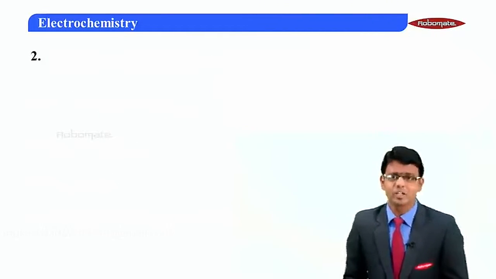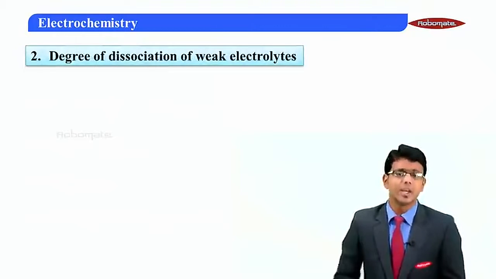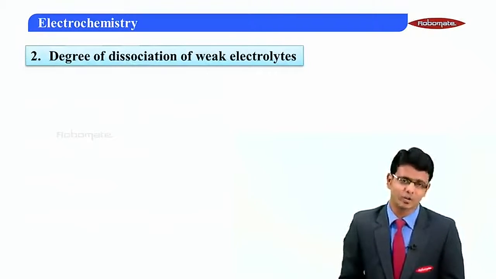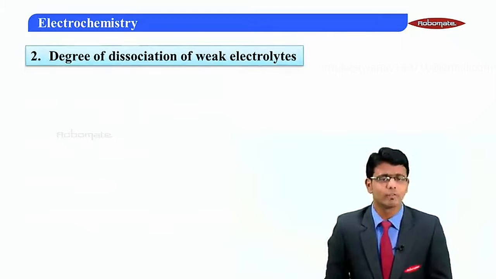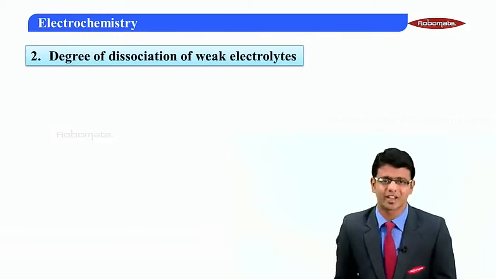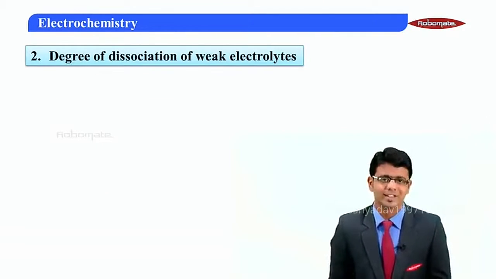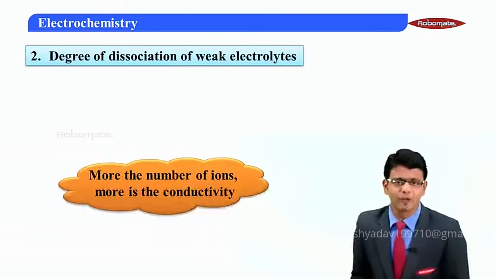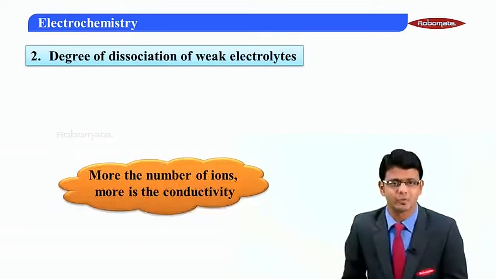The next application here is the degree of dissociation of a weak electrolyte. We can determine the degree of dissociation of a weak electrolyte, isn't it? Students, we know that the more the number of ions, the more will be the conductivity.